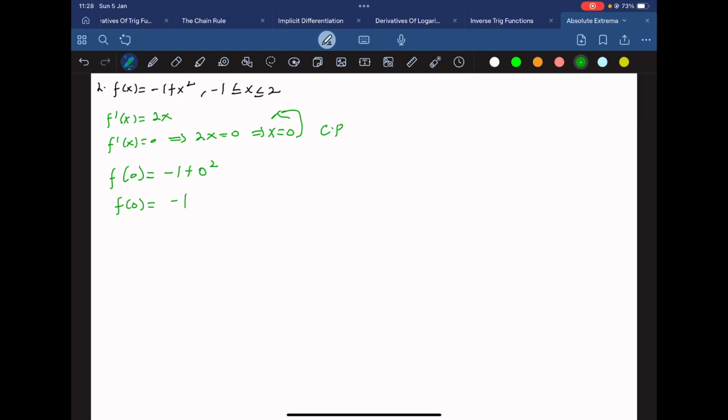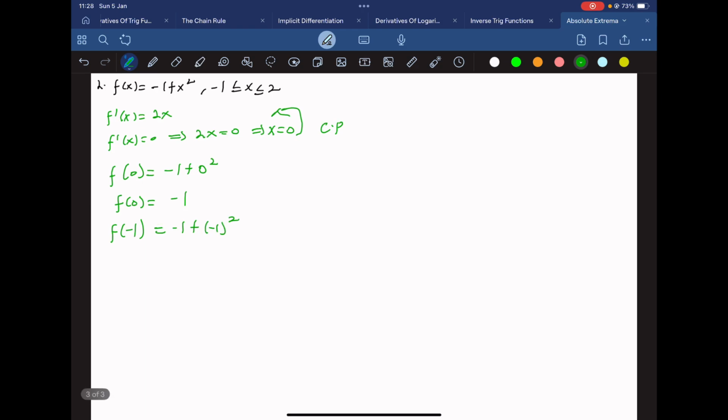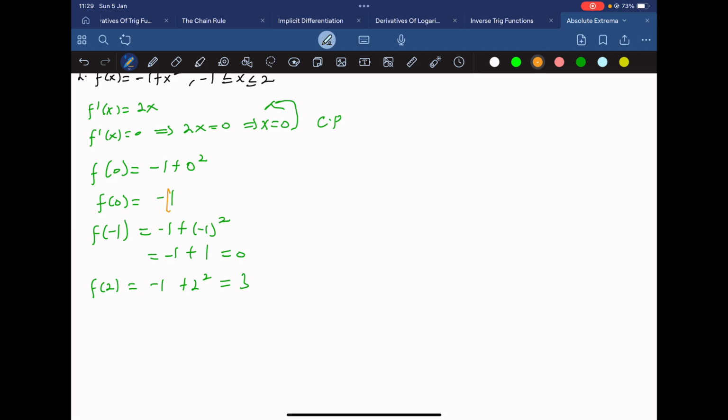And we evaluate at the endpoints, which are negative 1 and 2. So f of negative 1 is just negative 1 plus negative 1 squared. Negative 1 squared is 1, so this simplifies to 0. And f of 2 is negative 1 plus 2 squared, and this will give you negative 1 plus 4, which is 3. So we have these three values.